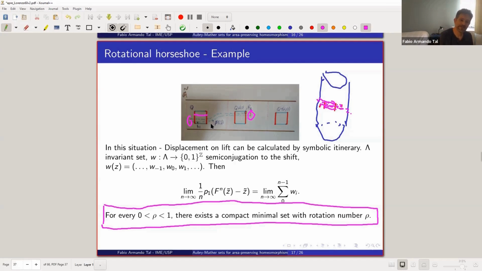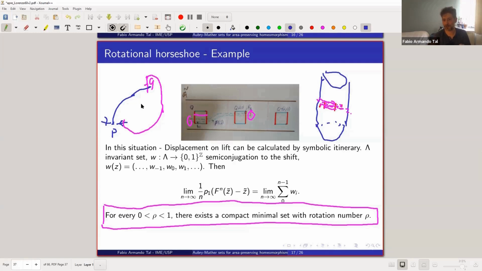But whenever I find something like this, then I'm going to say I have a good horseshoe happening. The typical case, for the C1 case, is when you have some point P, just saddles, and some point Q. I just have these two hyperbolic saddles, but the thing is that P and Q rotate with different speeds on the annulus.